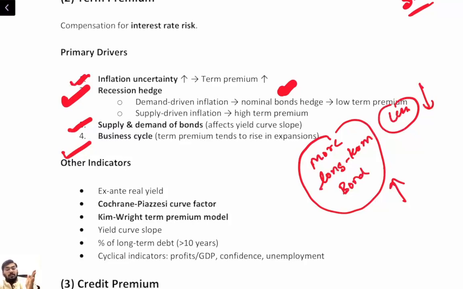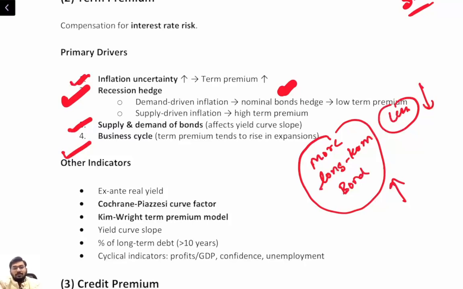So always remember, during the recession the return on bonds is less but higher as compared to other assets. During the boom, I'll go to real estate, I'll go to equity, I won't come to bonds. So in that situation, the government will come and push, see, purchase my bonds, we are giving you higher return. That's why during the boom, the term premium is going to be higher. Are you clear?